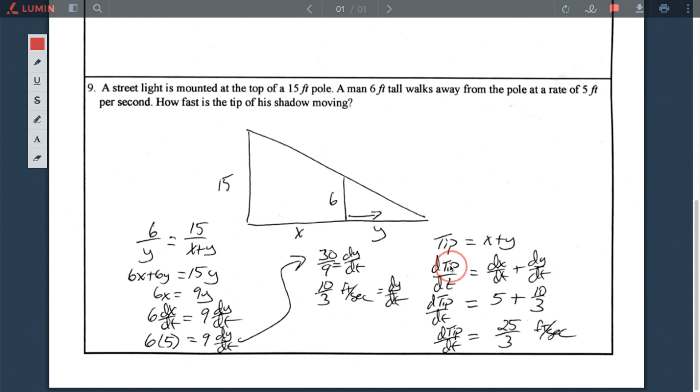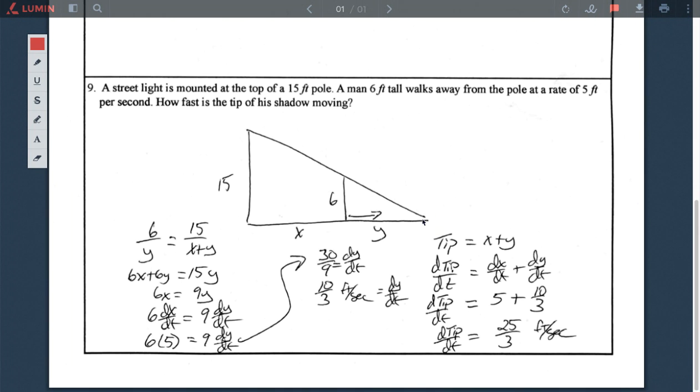So I just did d tip over dt, and x would be dx dt, and y would be dy dt. So now all I have to do is go dx dt plus dy dt, and that's going to give me what I want. Common denominator here, 3 times 5 gives me 15. 15 plus 10 gives me 25. 25 divided by 3 gives me 25 feet per second for how fast the tip is changing.